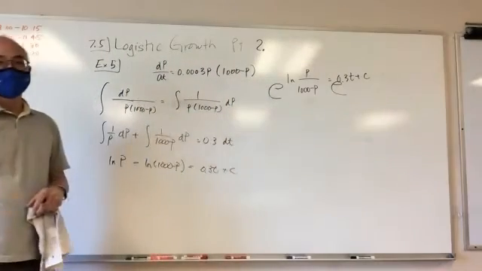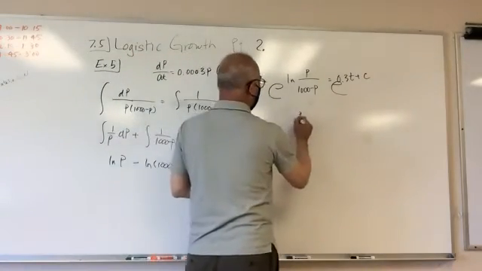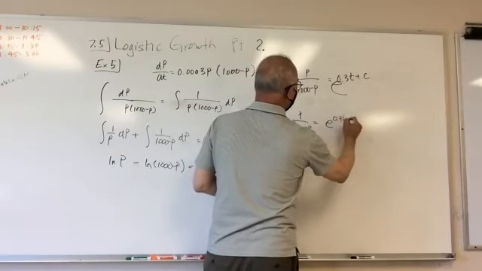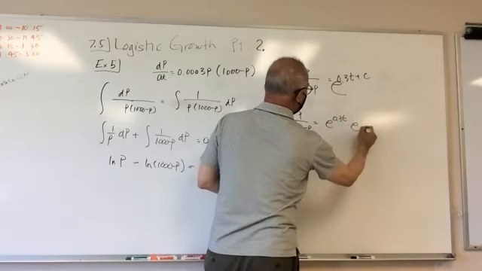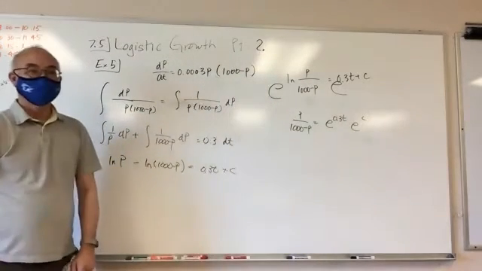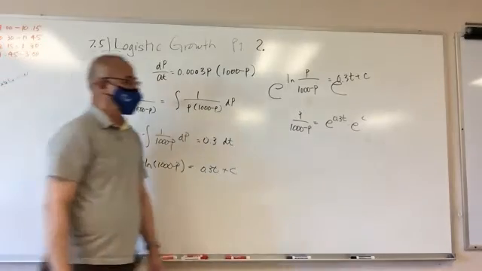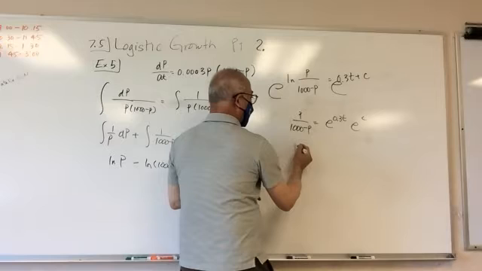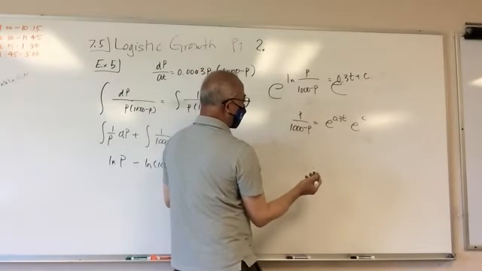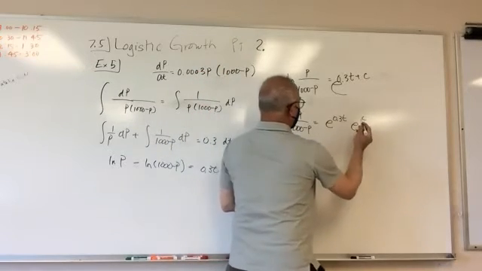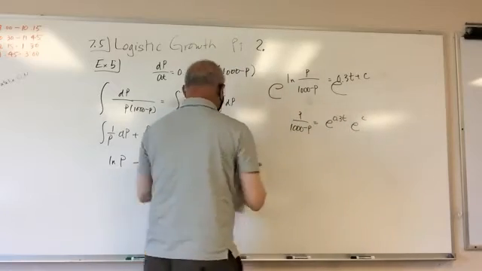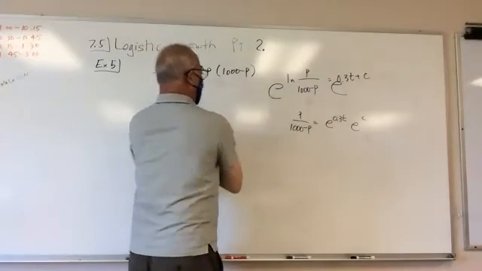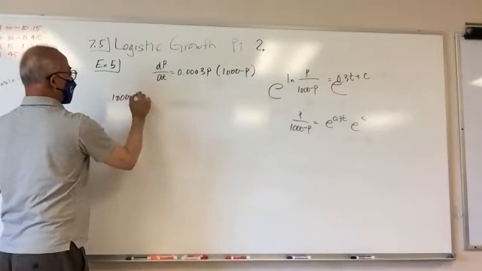Over here I have P over (1,000 minus P) equals e to the 0.3t times e to the c, basically. I'm going to flip it over, or do I want to flip it over? It doesn't really matter whether I do or not. Let's go ahead and solve completely. I'm going to flip it over. I get (1,000 minus P) over P.